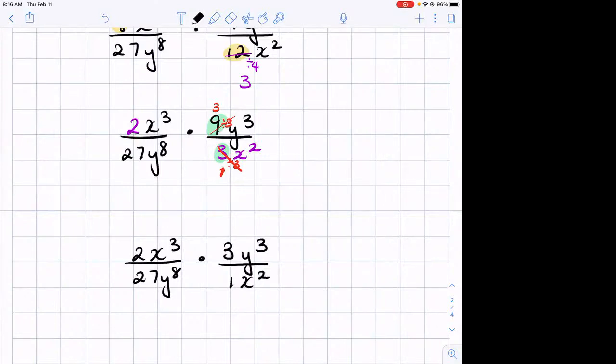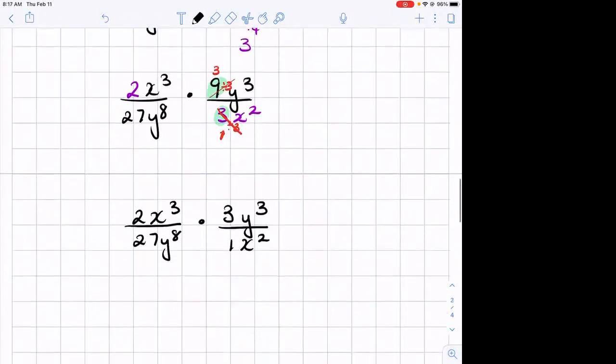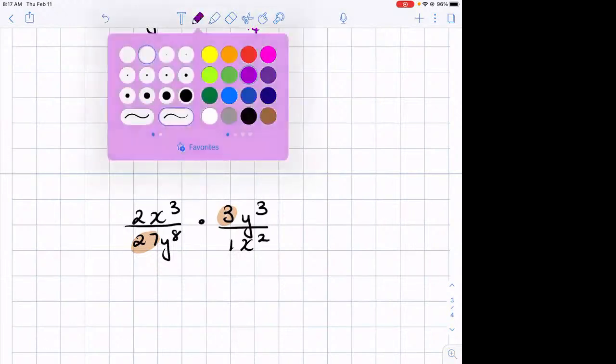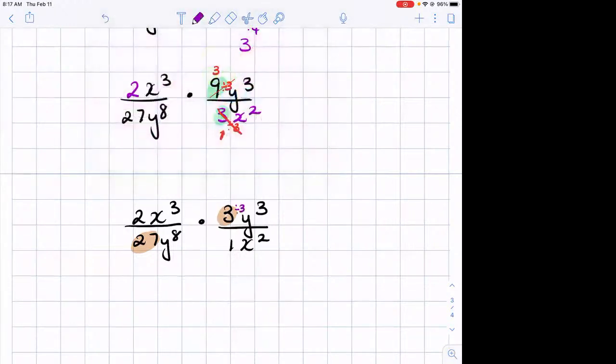And I'm not looking at the letters right now, only the numbers. Once again, I have a simplification here. I have this 3 and this 27, a top and a bottom, so I can divide both numbers by 3. 27 divided by 3 becomes 9 and this 3 becomes a 1.